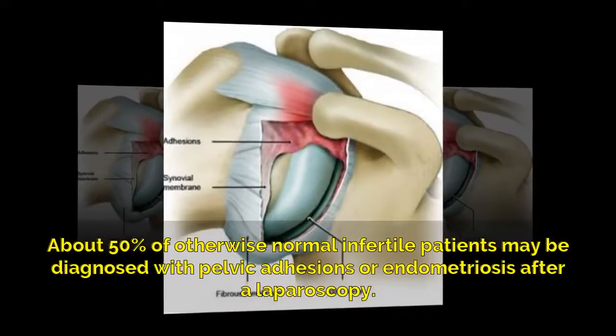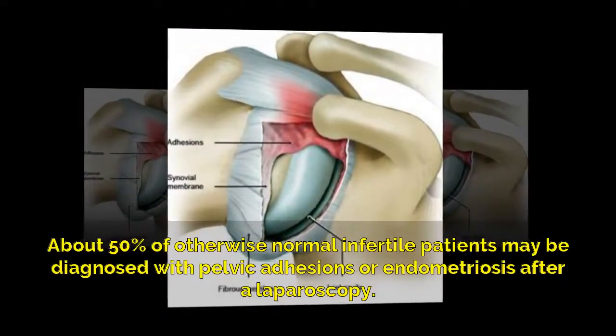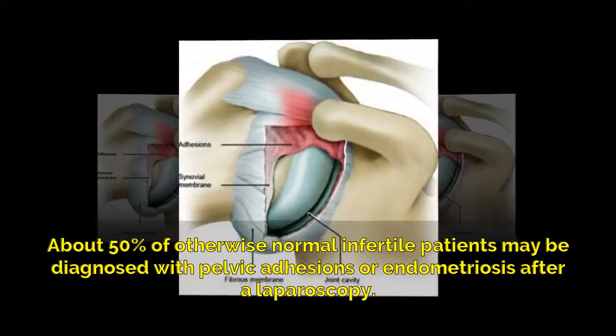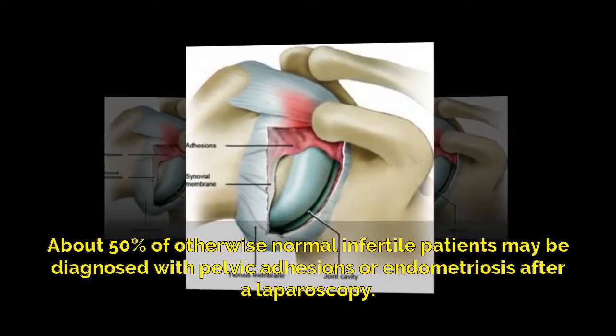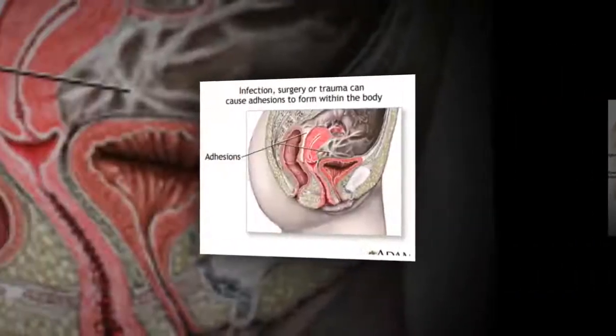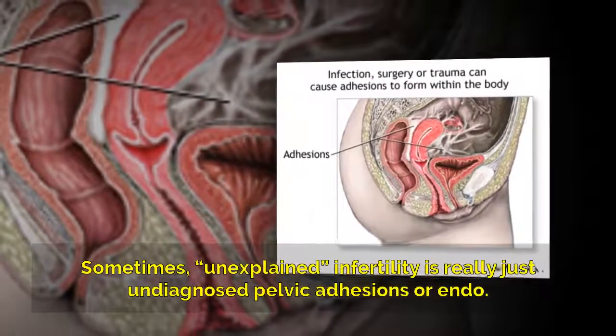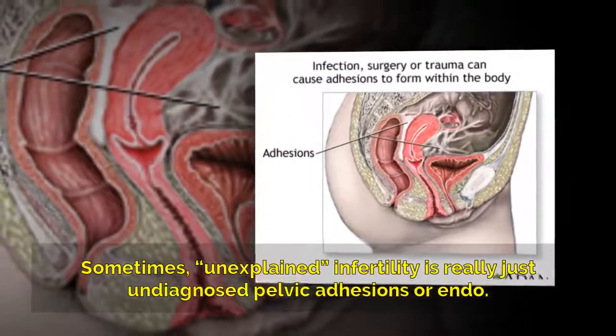About 50% of otherwise normal infertile patients may be diagnosed with pelvic adhesions or endometriosis after a laparoscopy. Sometimes, unexplained infertility is really just undiagnosed pelvic adhesions or endo.